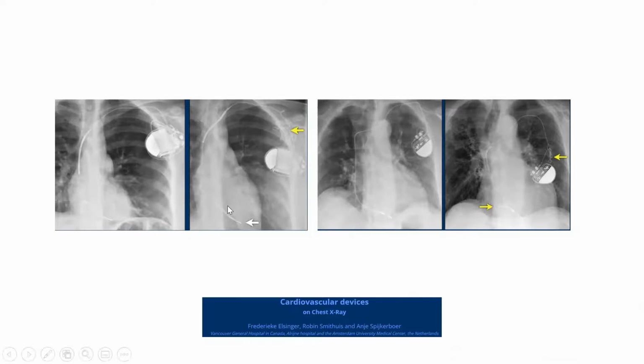Sometimes while the lead is coming up, it might stimulate something in its way. And that is the phrenic nerve. The phrenic nerve comes this way. You see the phrenic nerve comes here. So when this one is detached, it comes here and can stimulate the phrenic nerve.